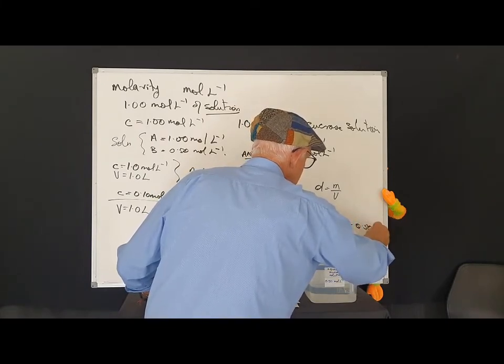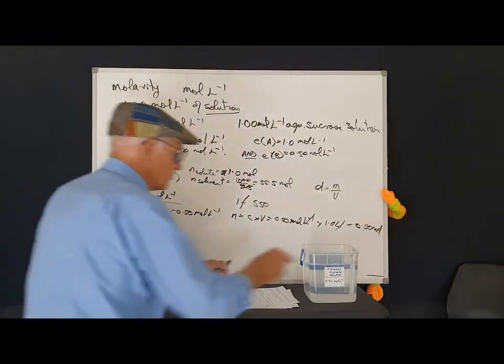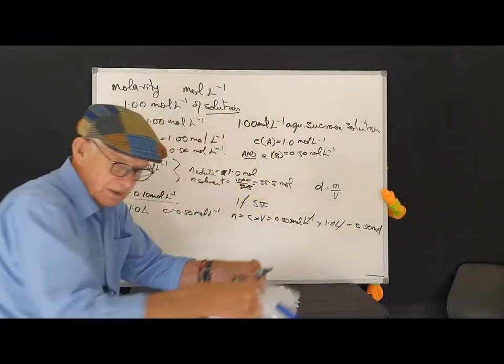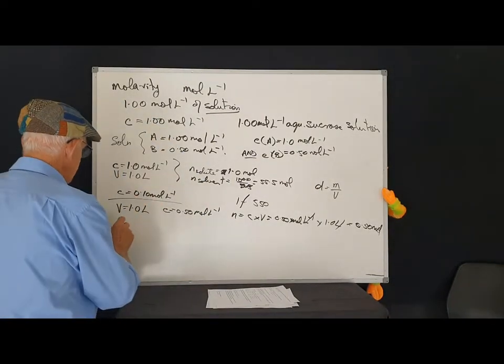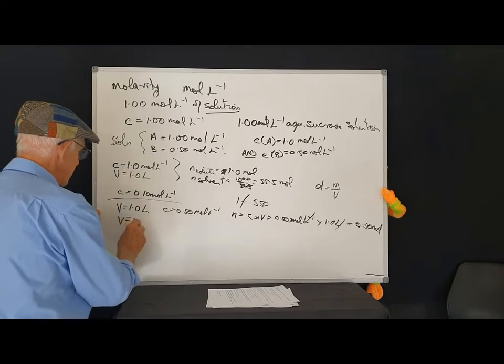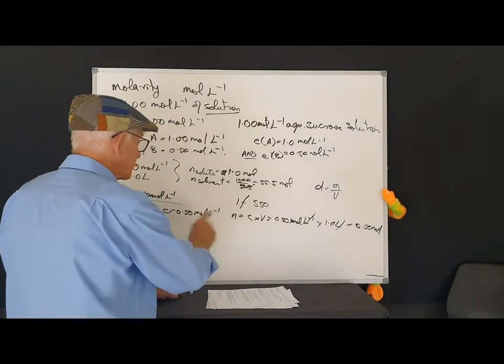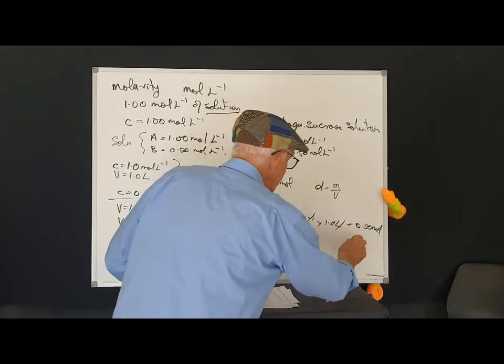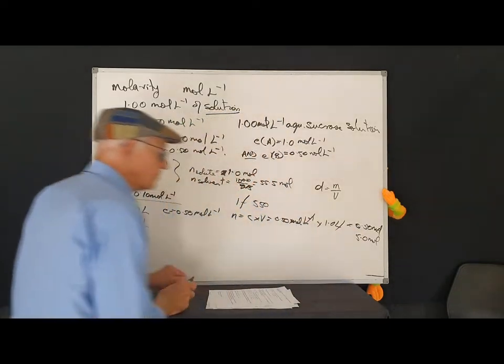50 of a mole. Okay, so I might just remove that for a while so we can see. If I had 10 litres, you'd find that I'd have exactly the same concentration if I had 10 times that, 5.0 moles.